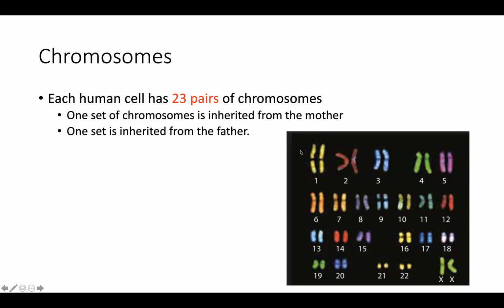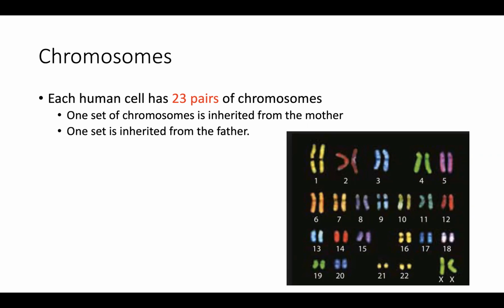And so this picture that I have down here on the right is a picture of a human karyotype. Write down this term, karyotype, K-A-R-Y-O-T-Y-P-E. This picture of a karyotype shows us the alignment of the pairs of chromosomes in our bodies.